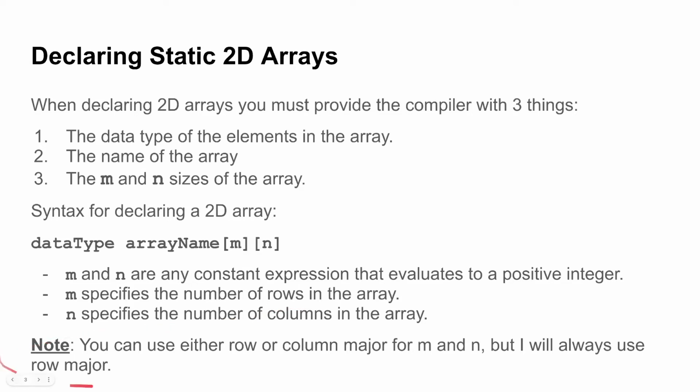Just one thing to note, these orderings can be in either row or column major for m and n, but I will always use row major. Technically, yes, you could use this as columns and this as rows, and that would be column major, but I do not like that. I like row major. All that means is that the first number will be the rows and the second number will be the columns.